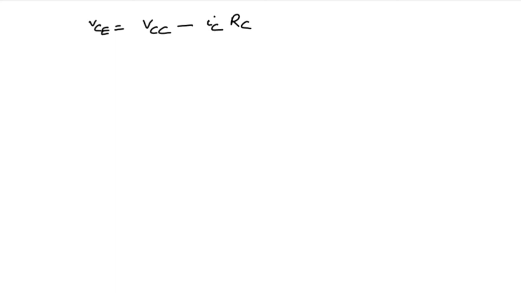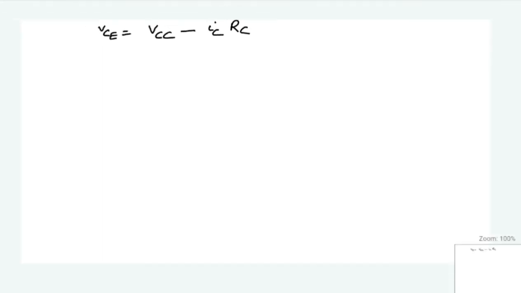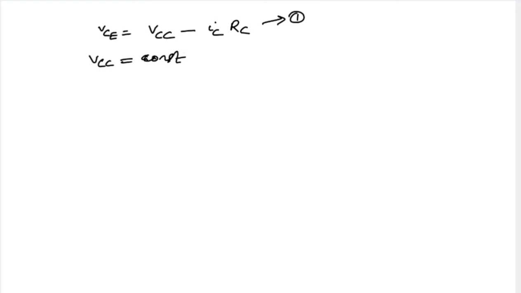So what will happen? Let this be equation 1. In equation 1, VCC is a constant. When the input signal voltage increases, the base current increases, and it will increase the collector current.